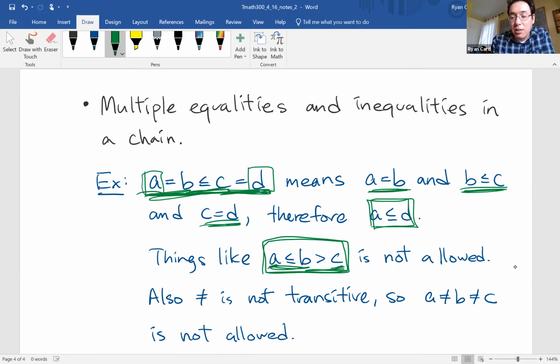So don't mix. You can mix equality and inequality, but only one direction of inequality. So this is not allowed.